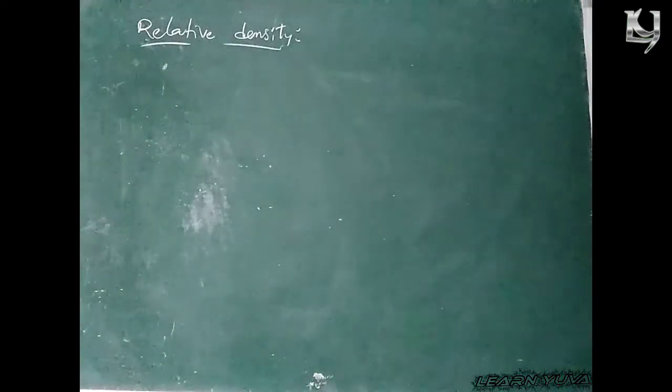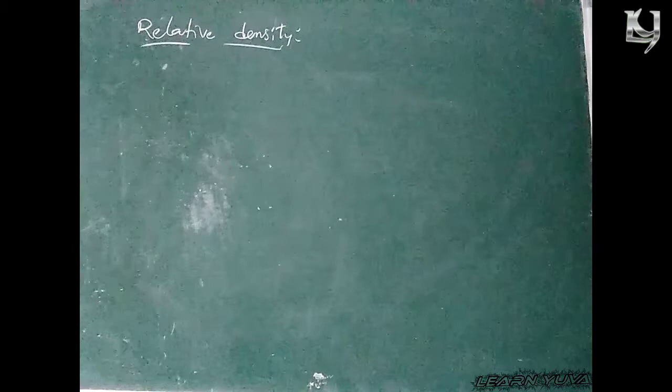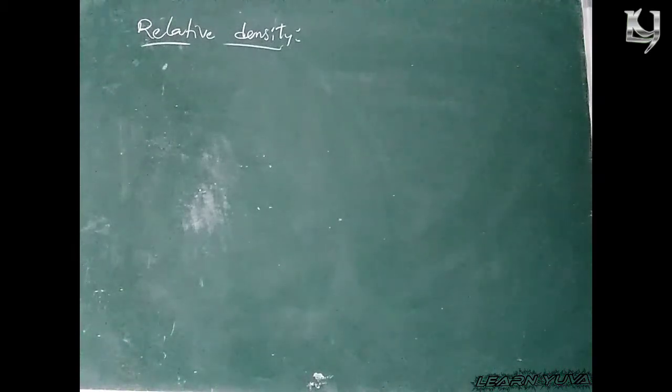If we compare two objects and their densities, we will get the relative density. So relative density is nothing but the ratio of the density of a substance to the density of water. Relative density we simply call RD.